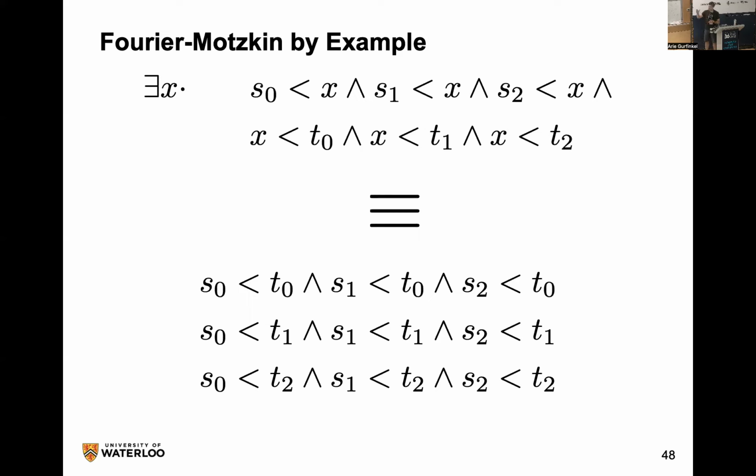So here we have S0 less than X is a lower bound of X, and S1 is a lower bound, and so on, and a bunch of upper bounds. If we want to eliminate X, what we have to preserve is whatever bounds we can derive between the lower and upper bounds. So basically, for every pair of bounds, we have to create a constraint, right? We have a quadratic blowup, we have more and more constraints, it keeps blowing up. That's why quantifier elimination is expensive.